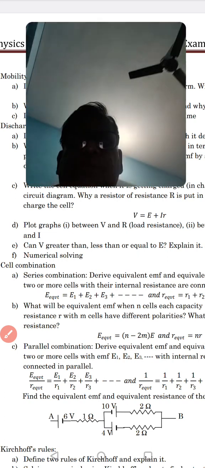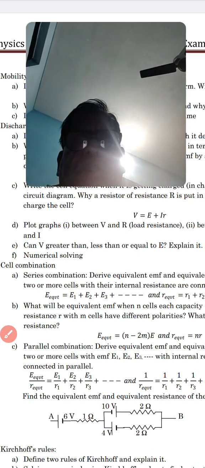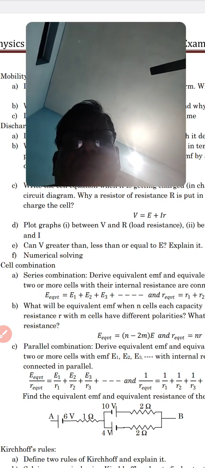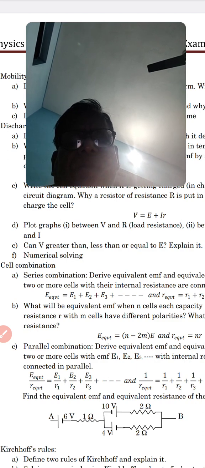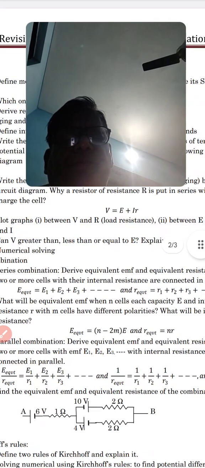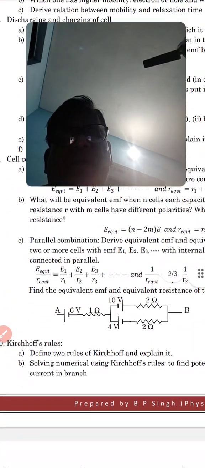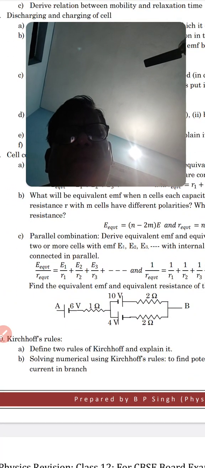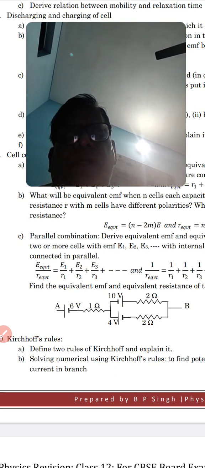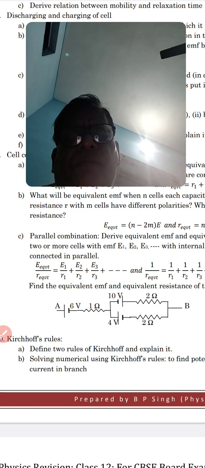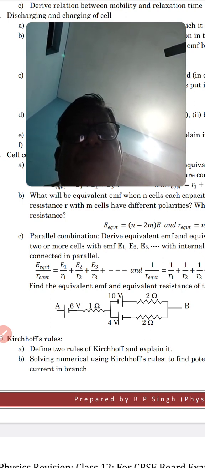Now for series combination of cells, E equivalent equals E1 plus E2 plus E3 and r equivalent equals r1 plus r2 plus r3. For parallel combination, E equivalent upon r equivalent equals E1 upon r1 plus E2 upon r2 plus E3 upon r3, and so on.